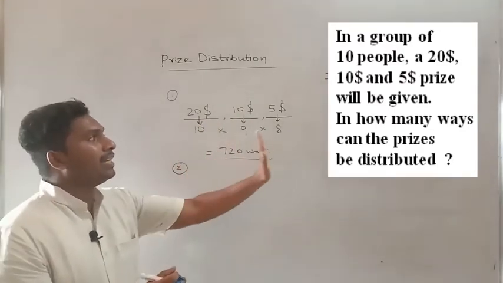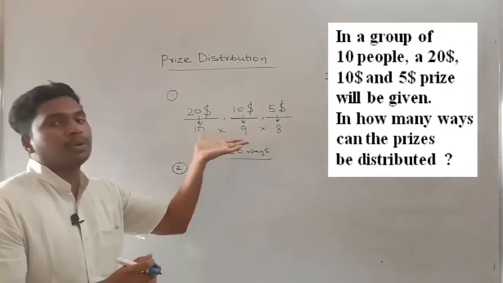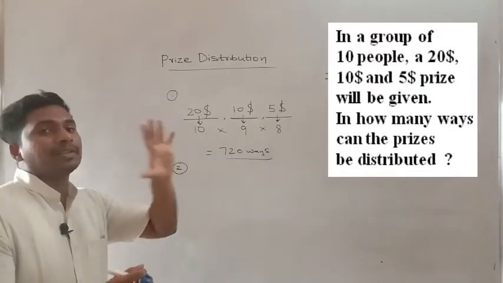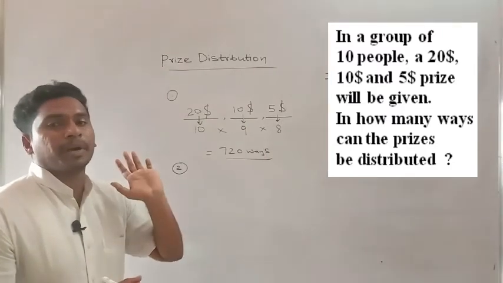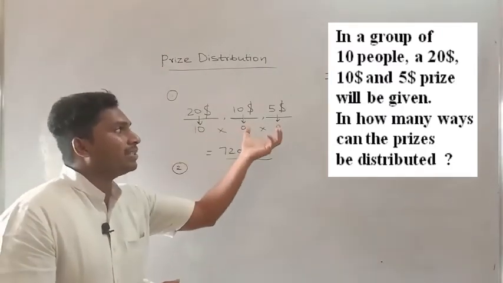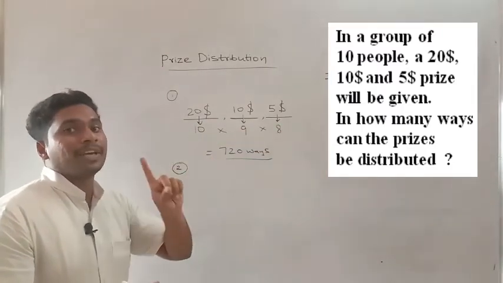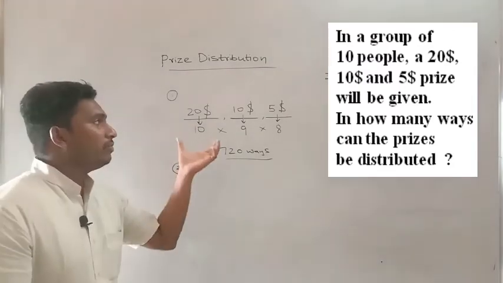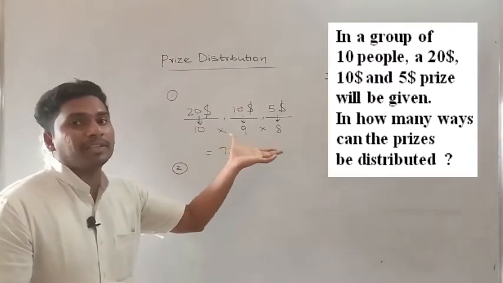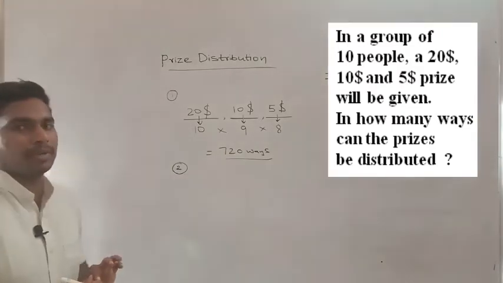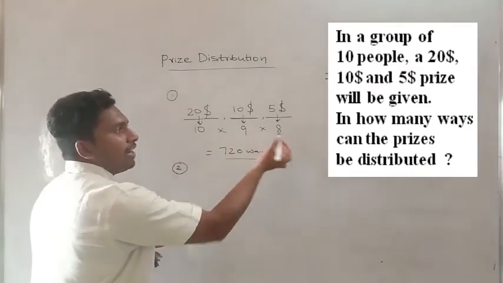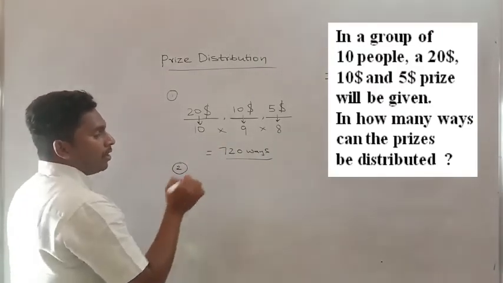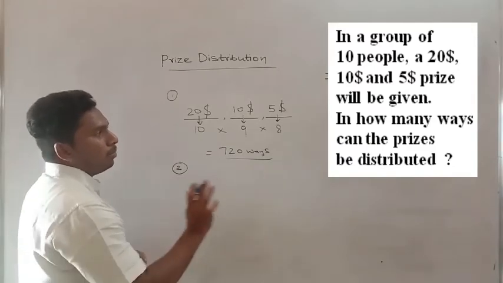If all 3 are getting equal prizes, I mean the first 3 each get a $20 prize, like that, if all the prizes are equal, then that is combination. If there are different prizes, then that is permutation. Here we have different prizes, right? So we have to take that as permutation.